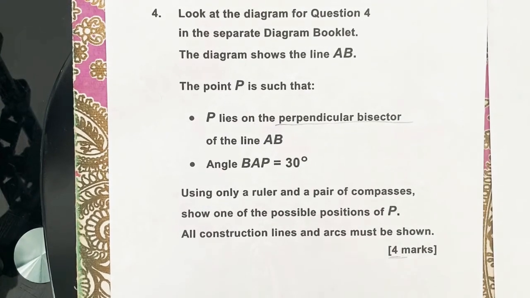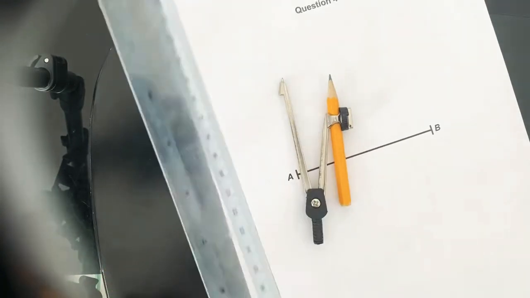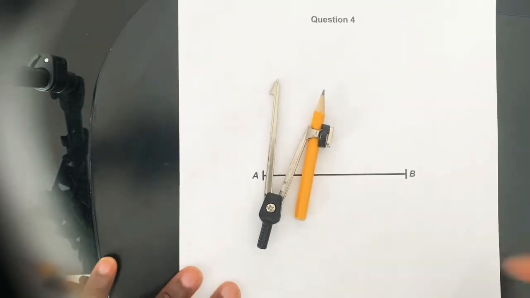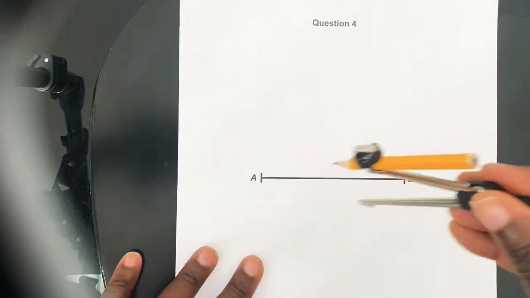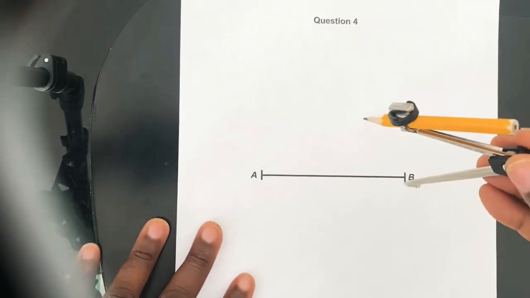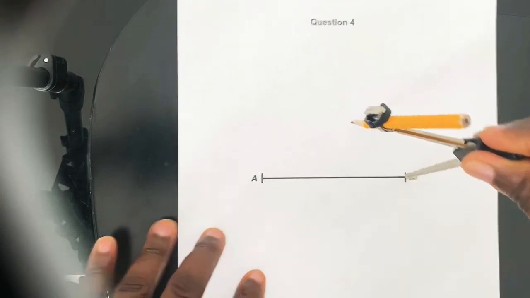So let's make a start. You're only required to use a pair of compasses and a ruler for this question. To make a perpendicular bisector, the line has been drawn for you. You have to move the compass to one end of the line and make an arc. Make sure this is tightened enough.